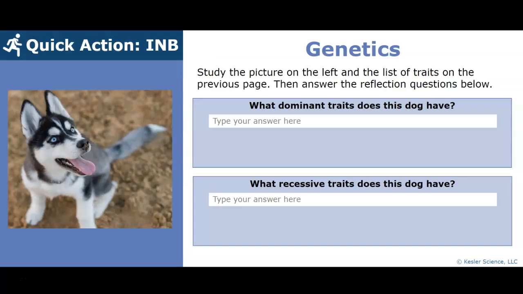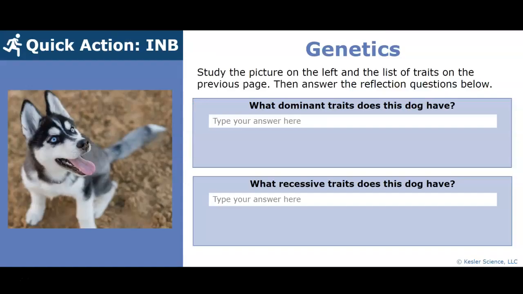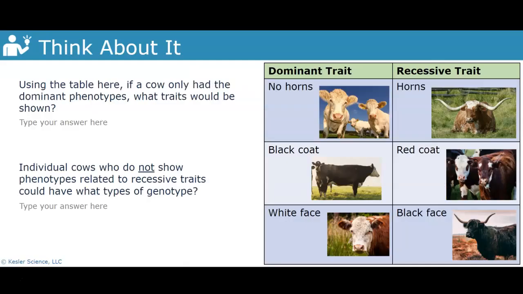So you're going to look at the picture on the left and the list of traits on this page here, and you are going to tell me what dominant traits this dog has and what recessive traits this dog has. This shows dominant and recessive traits in cows. Using the table here, if a cow only had the dominant phenotypes, what traits would be shown?